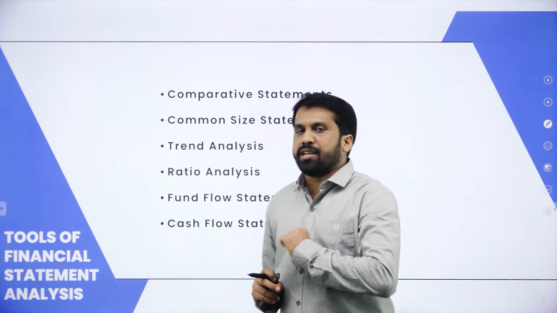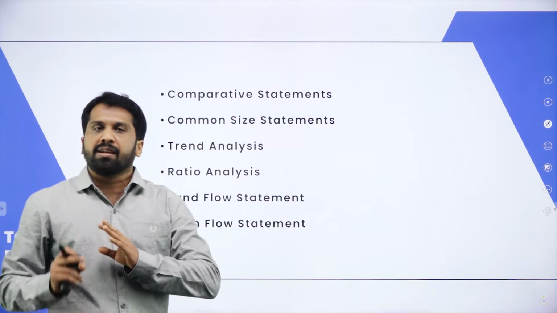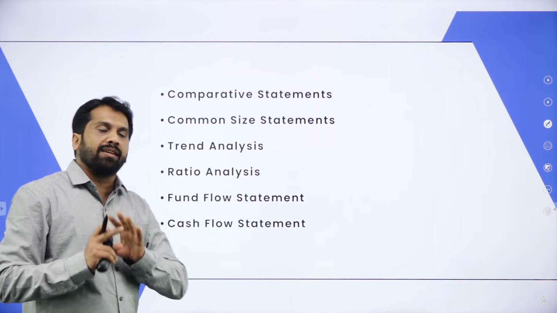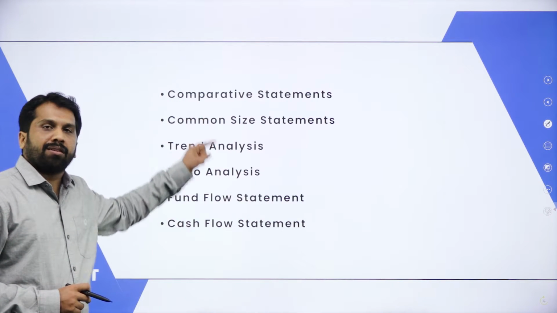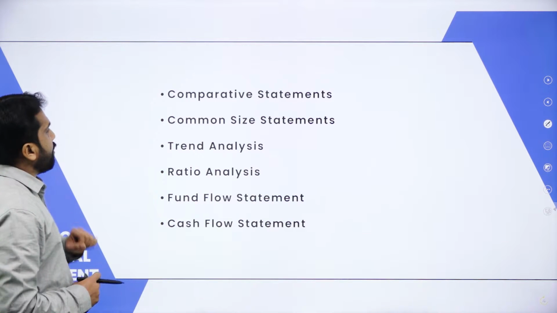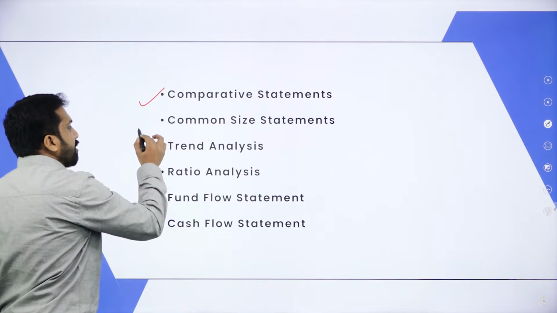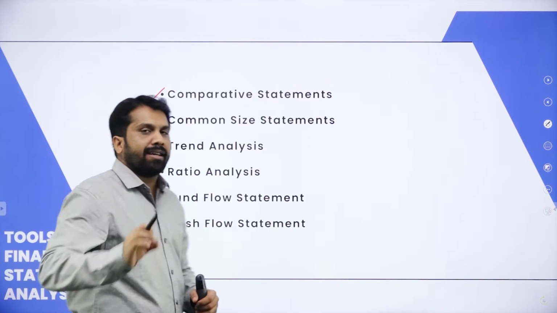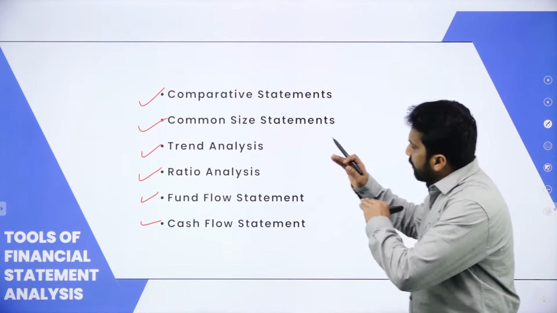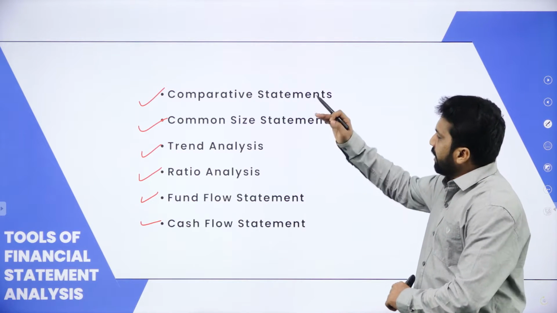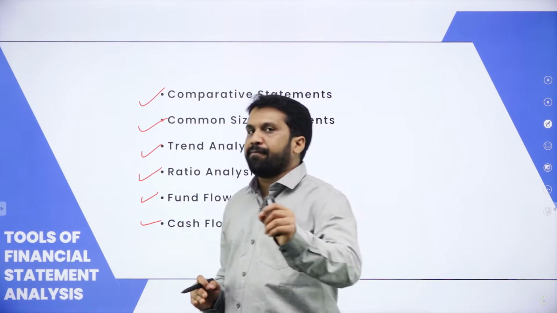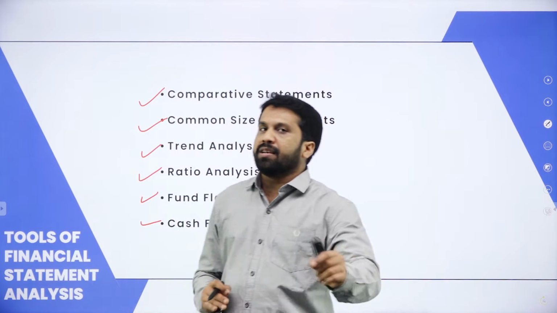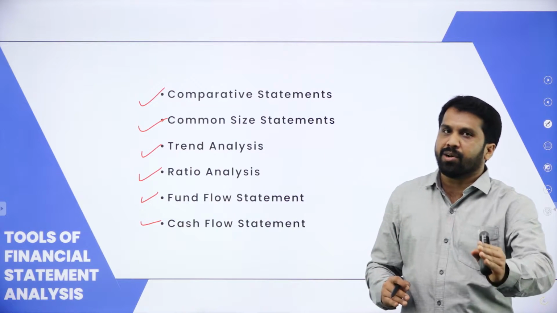You have financial statements like P&L and balance sheet, but how to analyze? To analyze the financial statements, we need certain tools. These tools are called comparative, common size, trend, ratio, fund flow and cash flow statement. These are the major tools. With the help of these tools, you can find whether your company is running good or bad, whether your company is healthy or not.